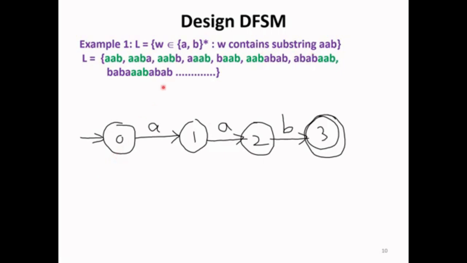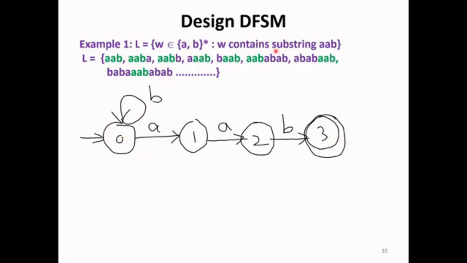From the initial state we have a transition for A going to state 1. What about B? What happens if I take B as a self loop to the same state Q0? Before AAB I may have any number of B's.